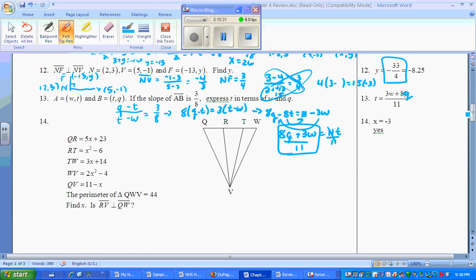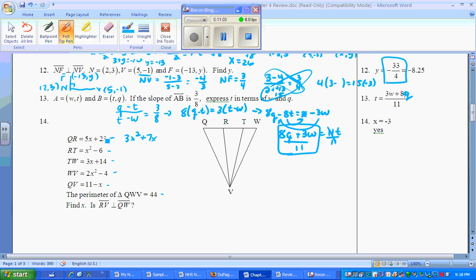Number 14, we have all of the pieces. So this is QR, RT, TW, VW, all of that creates the perimeter of 44. So when I see it, I have 3x squared. I have 5, 8, minus 1, so that's 7.